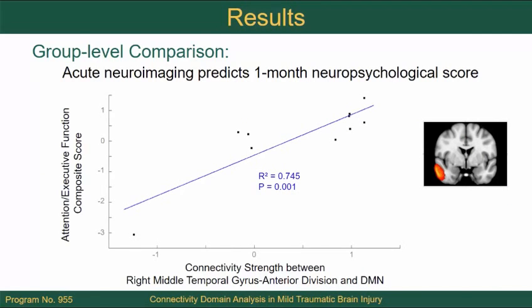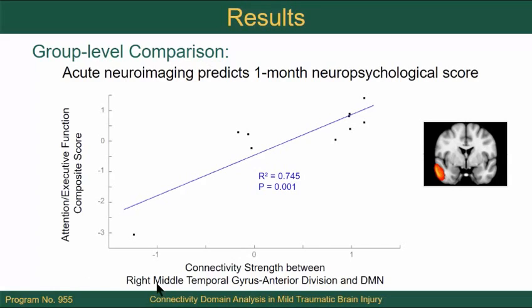So what we did then was to see if we can find a correlation of this connectivity strength with that particular region in the default mode network with this attention. We got these attention function composite scores and plotted them together for our patients and we indeed found a correlation.